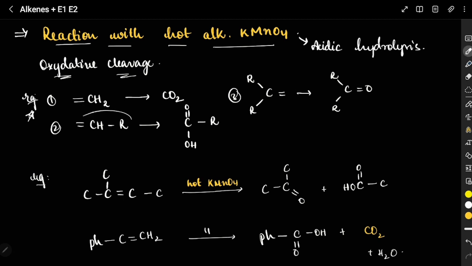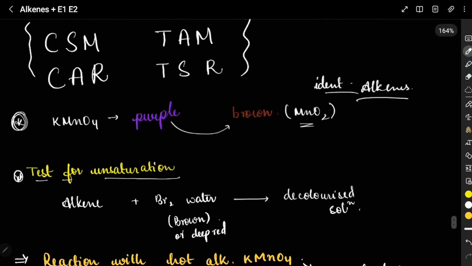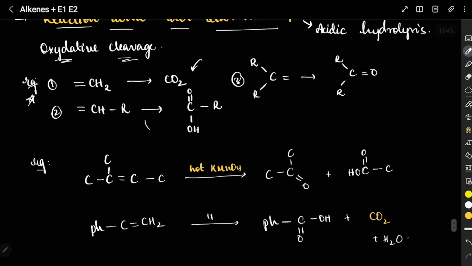And if there is an alkene in the middle of the chain like this, then a double bond O along with OH is formed. So first, two oxygens are added; then one oxygen is added along with an OH; and now only one oxygen is added. These are the important changes we have to keep in mind.